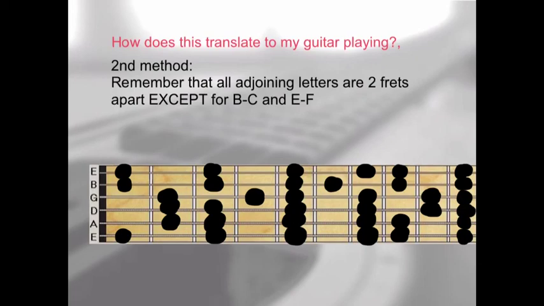Well, this is where, of course, you would find the quote-unquote black keys, the accidental notes, the sharps and flats. Let me grab a slightly thinner pen here, and we can jump right into naming some of these notes. Okay, so let's take, for example, our D string. Here's D, here's E. What comes in between?